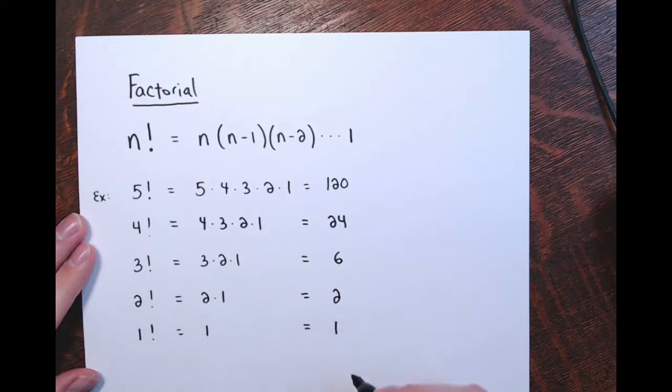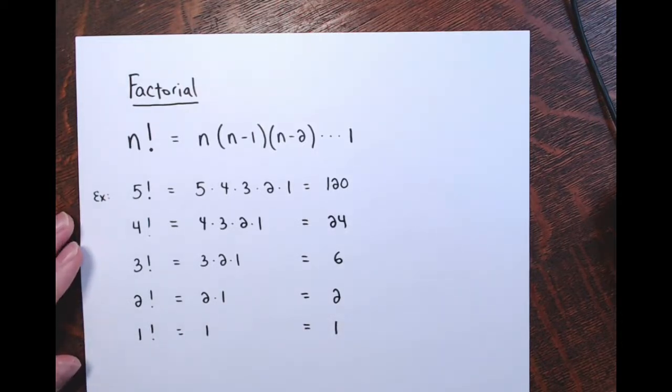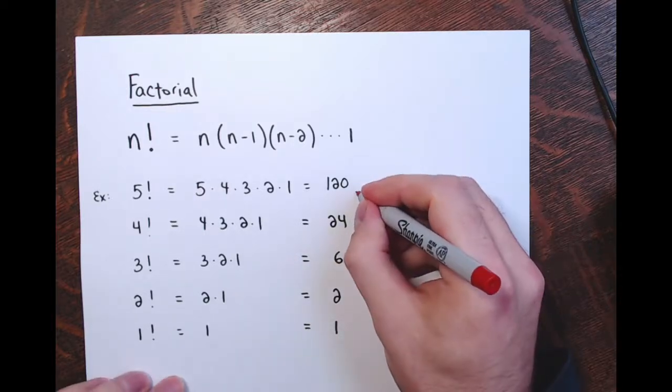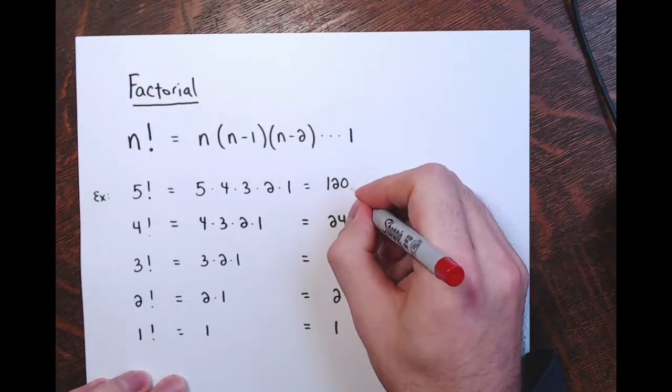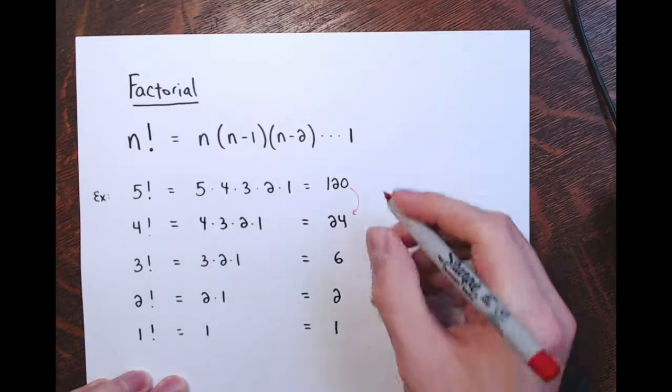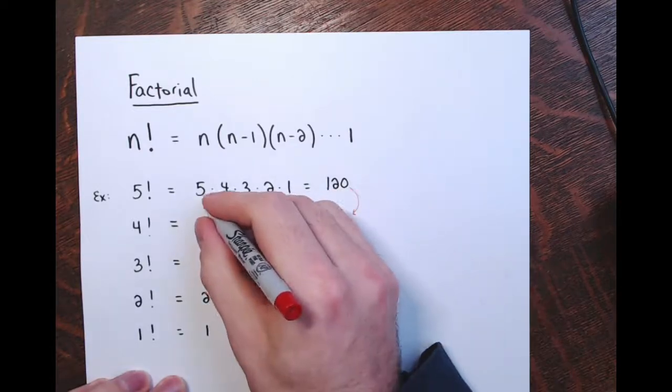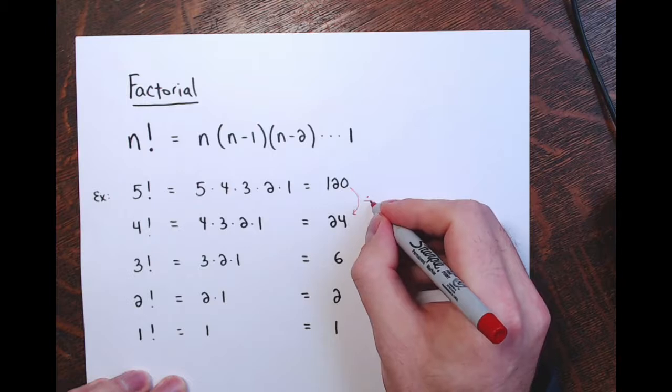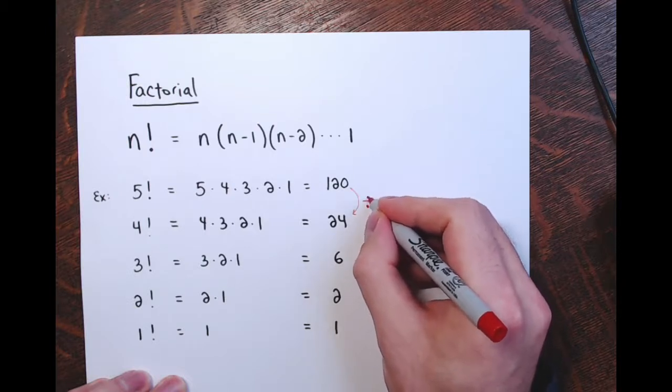And then if we follow this pattern, we can state what 0 factorial is. So you see what happens here. To go from 5 factorial to 4 factorial, I just simply divided by 5.